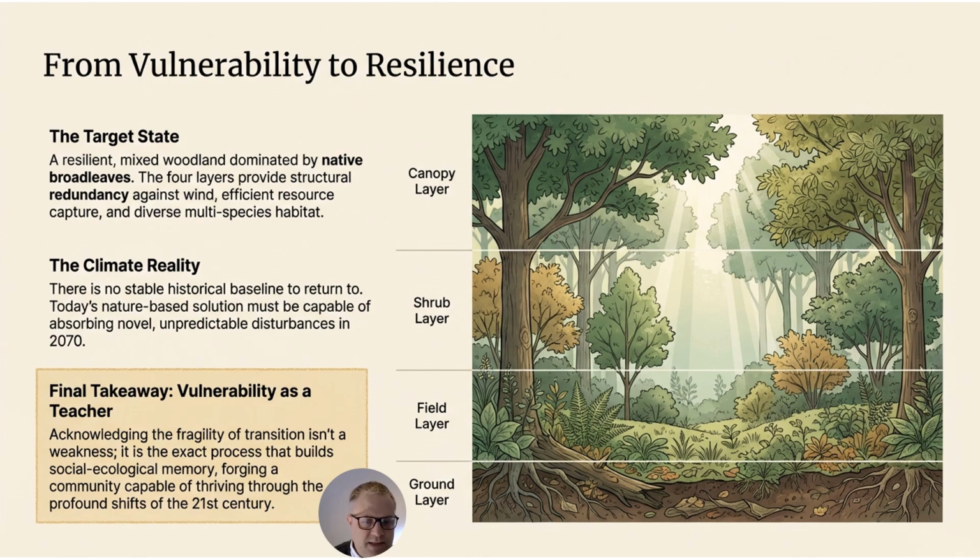Final takeaway is that acknowledging the fragility of this transition isn't a weakness. It's the exact process that builds sociological and ecological memory, forging a community capable of thriving through the profound shifts of the 21st century. And this is really an important part to bring everybody together, to acknowledge what the woodland really needs in this time, is part of this process.